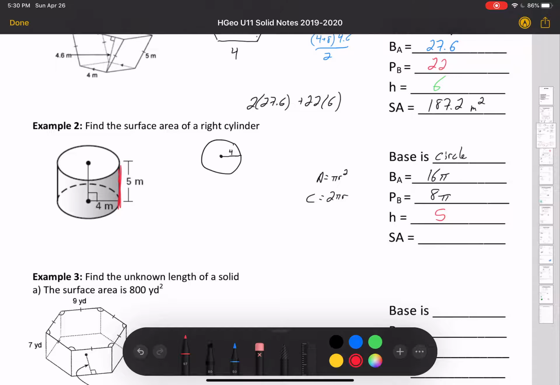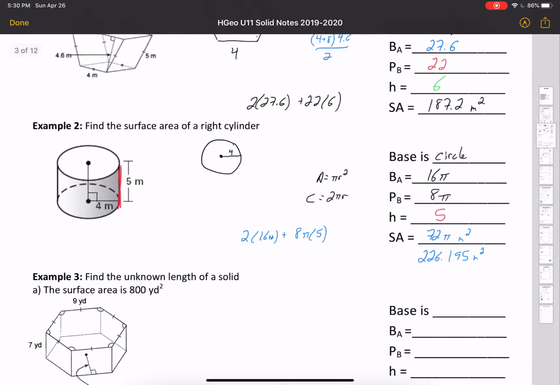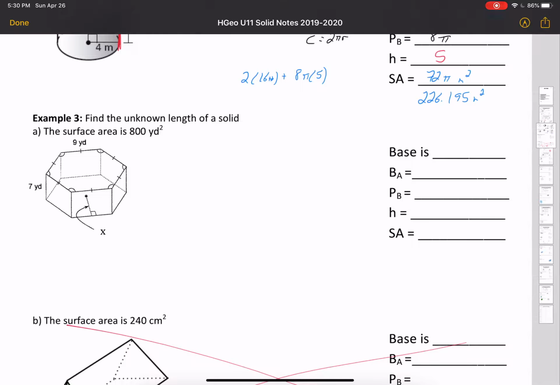So the surface area, that's going to be 2 times the area of the base plus the perimeter of the base times the height. And if I wanted to leave this in exact form, I would get 72 pi meters squared. In approximate form, I would get 226.195 meters squared.